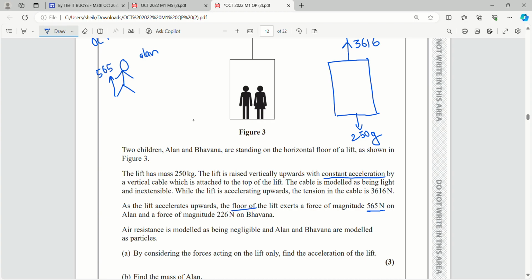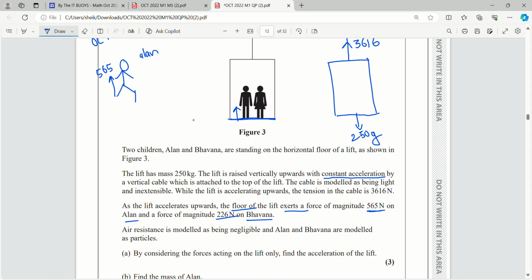It says the floor of the lift exerts a force of 565 on Alan and as such on Bhavana, right? So why is it going up? It's the lift, right? The lift is below them. So in order for the lift to put a force on them, it's going to be up. So that's why it's up. You can say it's the normal reaction force provided by the lift to Alan and Bhavana, alright?